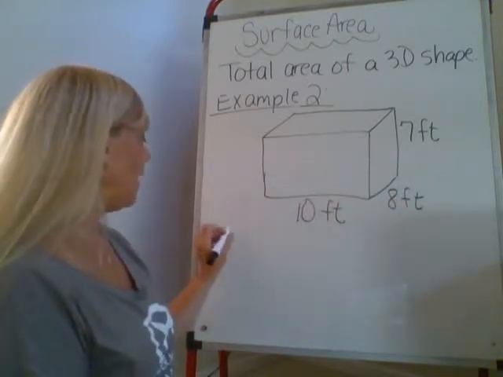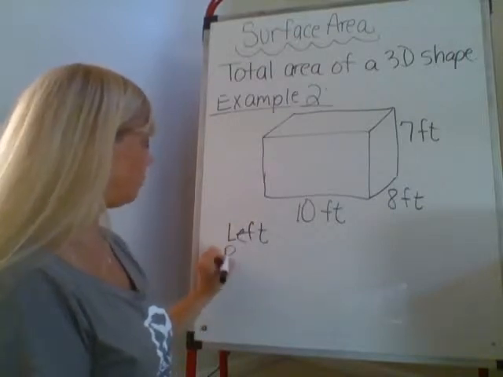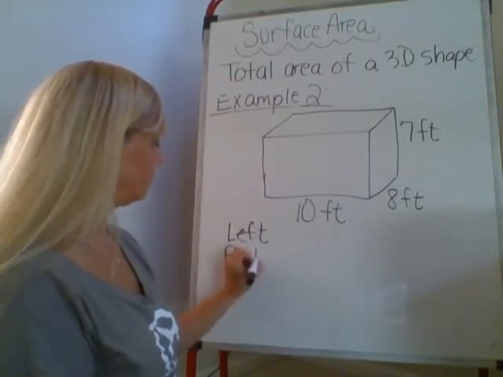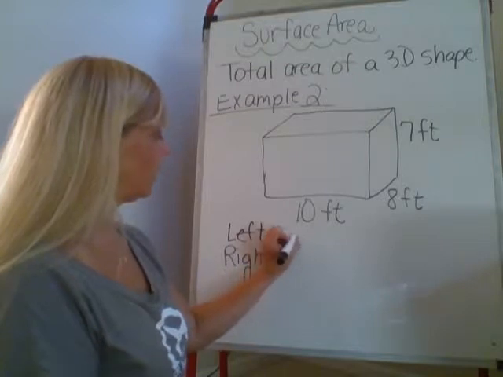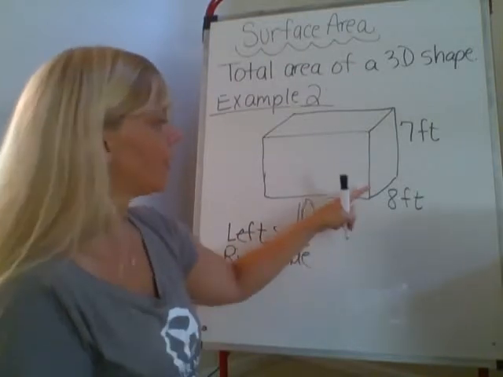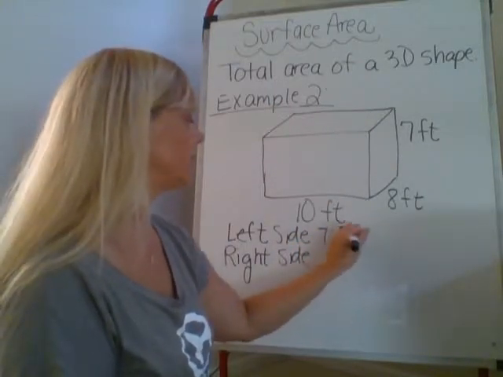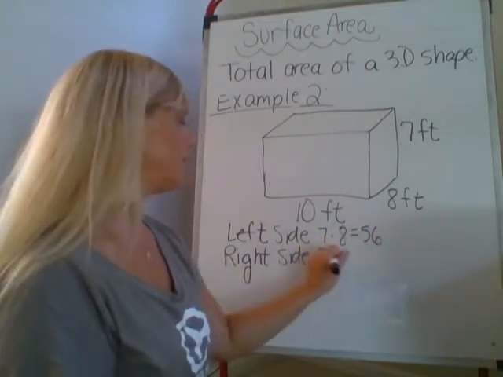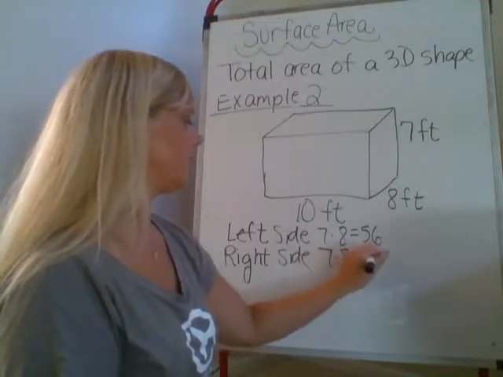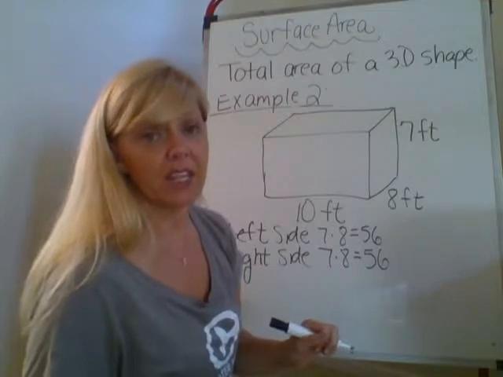If I have the left side and the right side, each of those has a length and a width of 7 and 8. So 7 times 8, 56. 7 times 8, 56. All right, so my side pieces are taken care of.